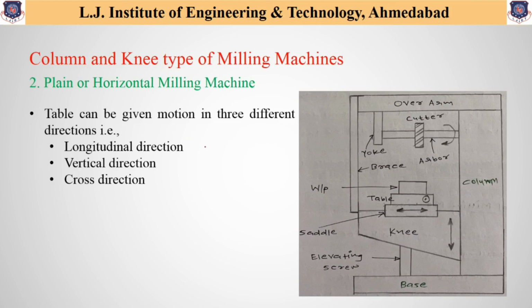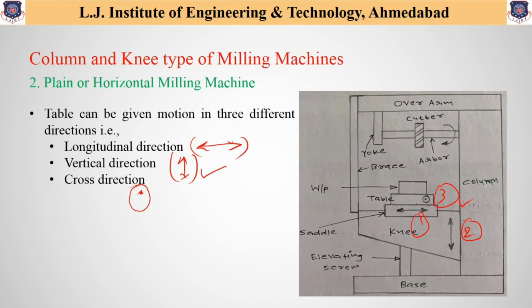As one can see in the figure, the longitudinal direction is indicated by this sign, the vertical direction is indicated by a vertical sign with two arrows, and the cross direction, or we can say the direction perpendicular to the plane, is indicated by a circle having a center. So the first direction is over here, this is the second direction, and here is the third direction.